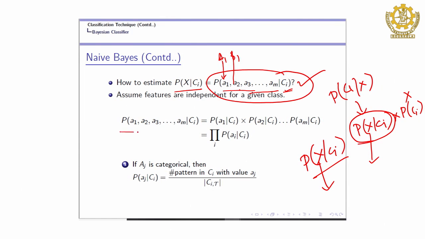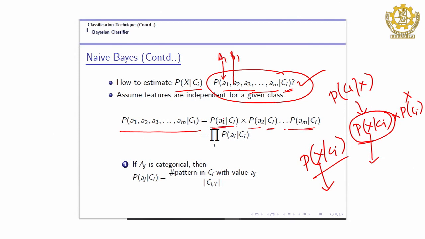Now the problem is coming down here, since each feature is independent. Therefore, you can write the probability of A1 given C_i, times the probability of A2 given C_i, and so on, up to the probability of Am given C_i. What is this A? A is the corresponding value, that is the feature of the unseen object. Now, once you get this, the problem is how to compute each individual value.